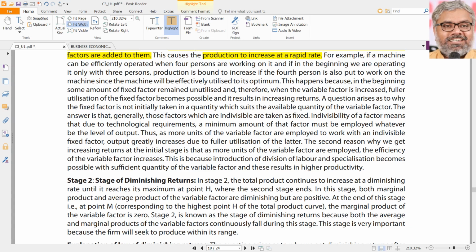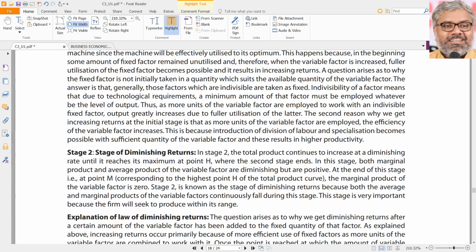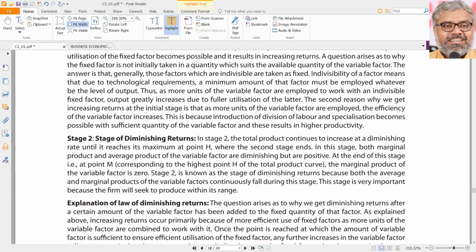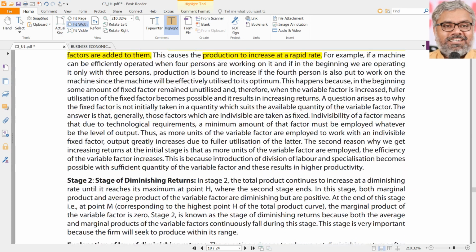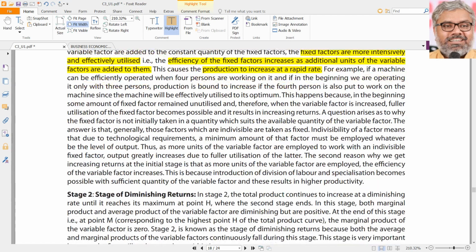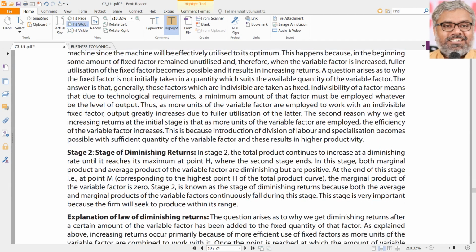Okay, so that is what happens in the case of the first stage, the stage of increasing returns, we can say. And not only the fixed factors, the efficiency of the variable factors also will be more in this phase. That also happens. Usually why is that? Because of the division of labor and specialization, various people can share the work and they will do their own bit of work. That also will increase the efficiency of variable factors.